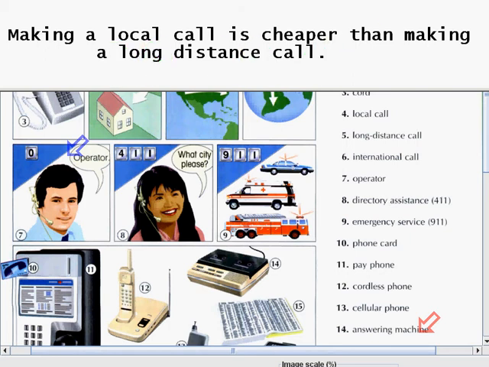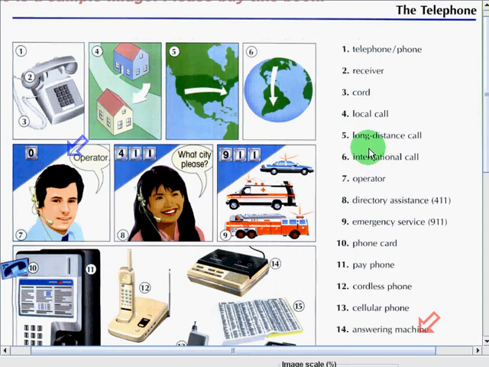I think so too. Now let's have number 5, long distance call. Can you say that one more time? Long distance call. This one is the opposite of local call. It is a telephone call made outside a certain area.